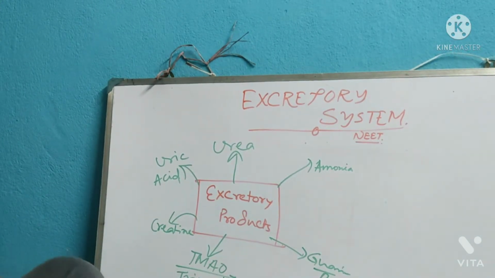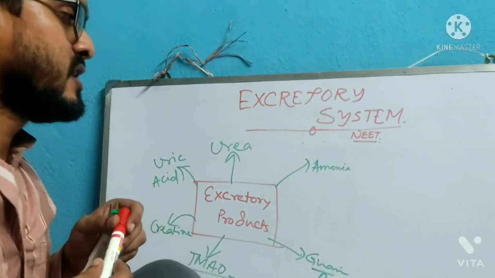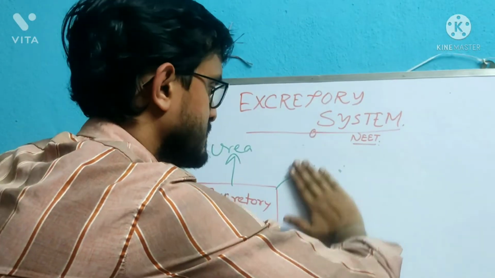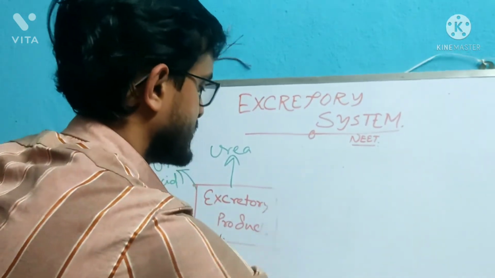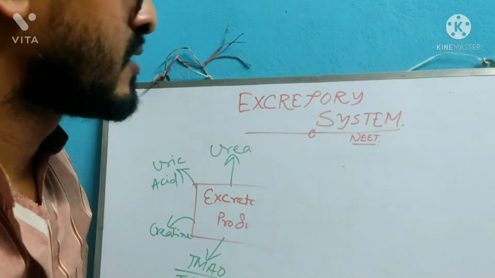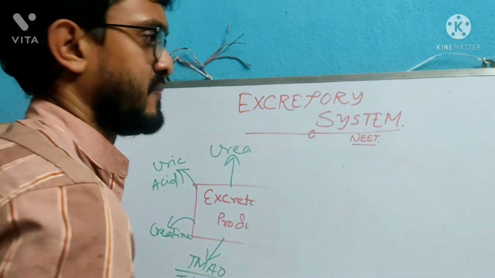So let's see which animal group has which excretory organs or medium of excretion.